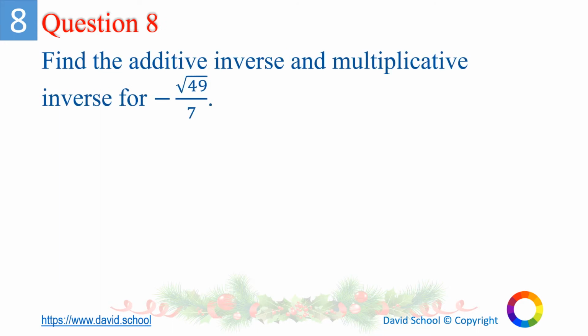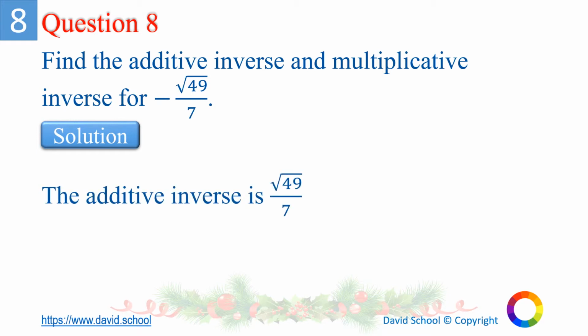Find the additive inverse and multiplicative inverse for negative 49 over 7. As we have seen, for the additive inverse simply change the sign. Therefore, it would be positive 49 over 7.